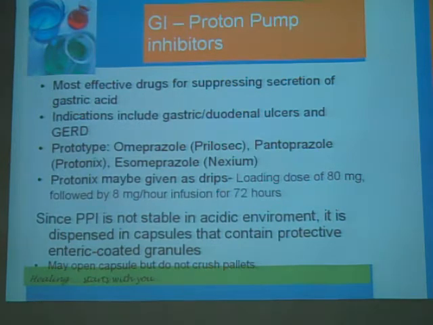But one thing though is weird, even though it doesn't require acid to work, if we just give the pill in its plain form, it would dissolve and kind of disarm right away. So it's not stable in acid. If you see the pill Prilosec or Nexium or Protonix, it has that nice little purple capsule on it, or black, depending on the manufacturer.